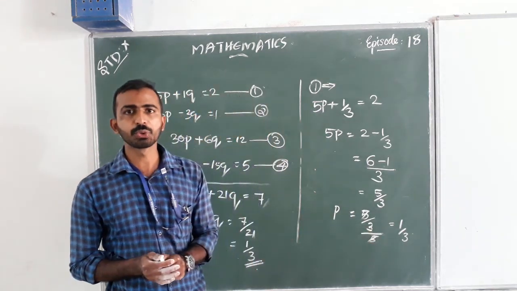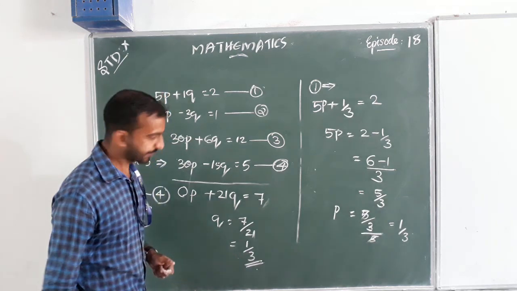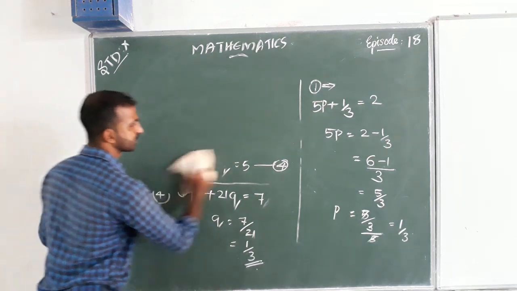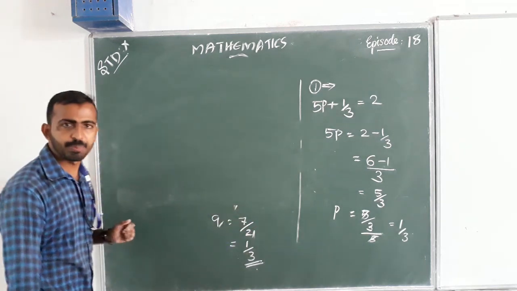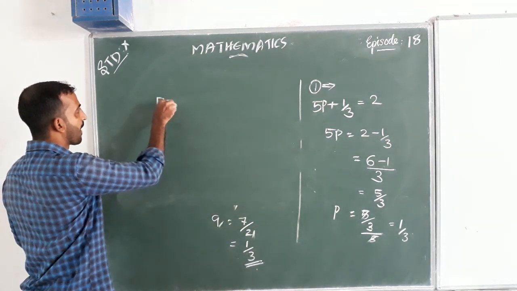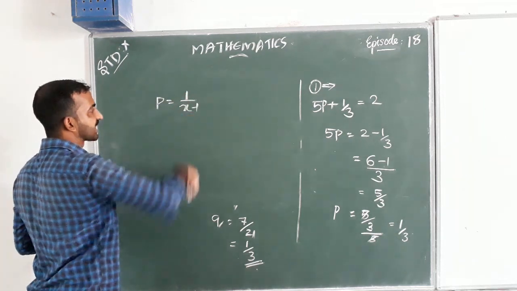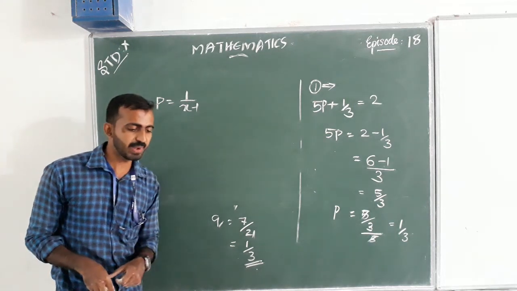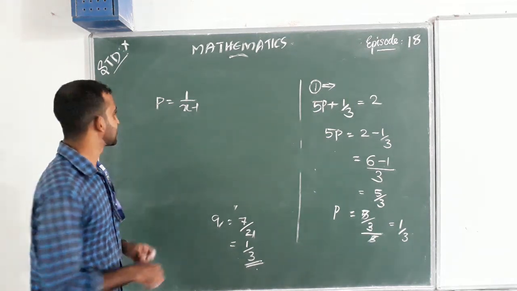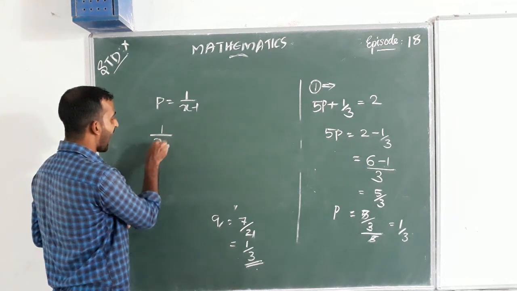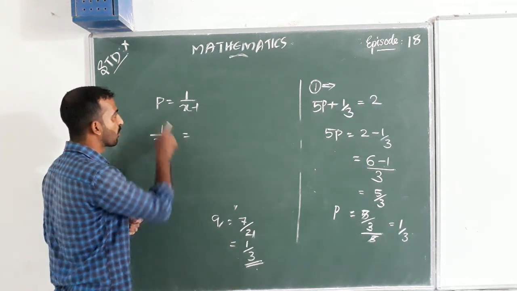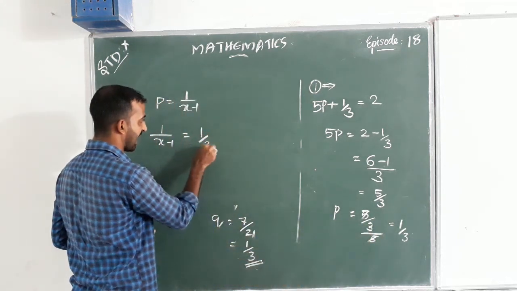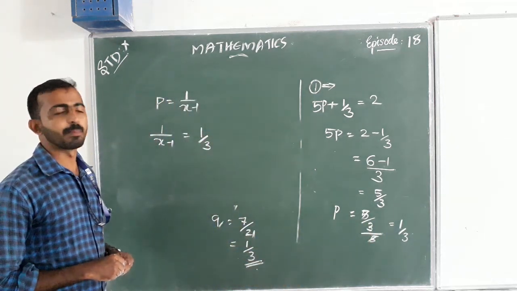What is our p? p means 1 by x minus 1. That is 1 by x minus 1 equal to, what is the value of p? It is 1 by 3.